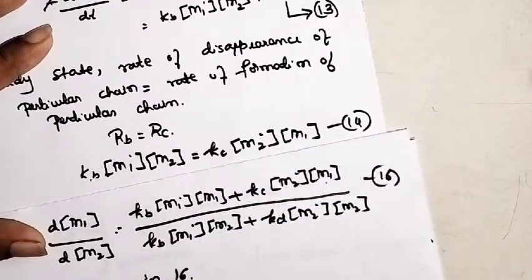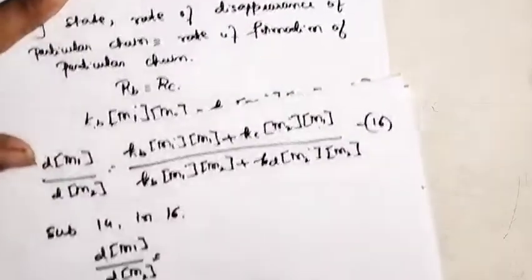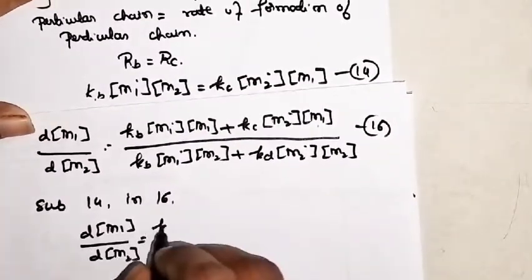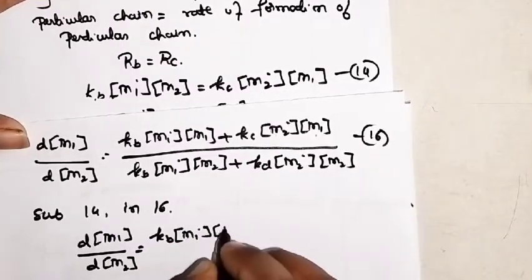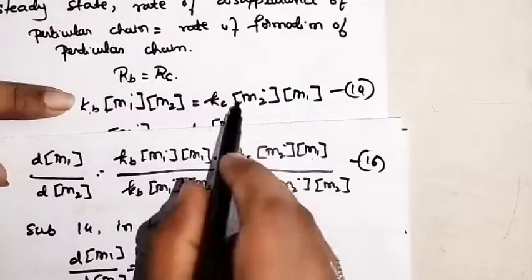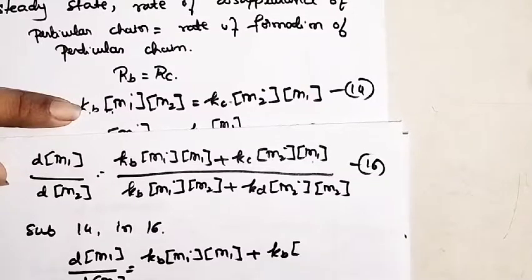Substituting, you get d concentration of M1 divided by d concentration of M2 is equal to Kb into M1 free radical, M1, plus, in this place I am substituting this Kb into concentration.